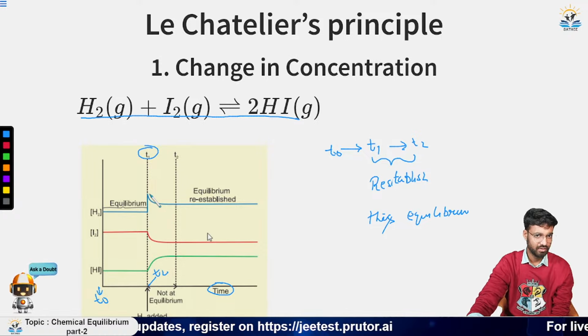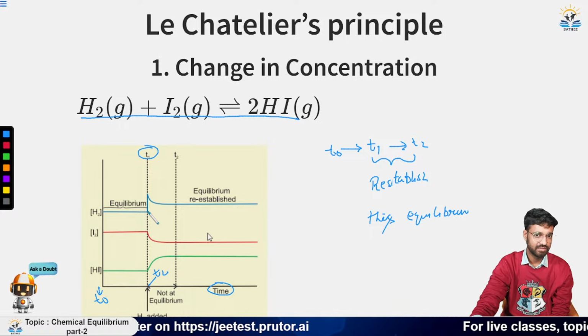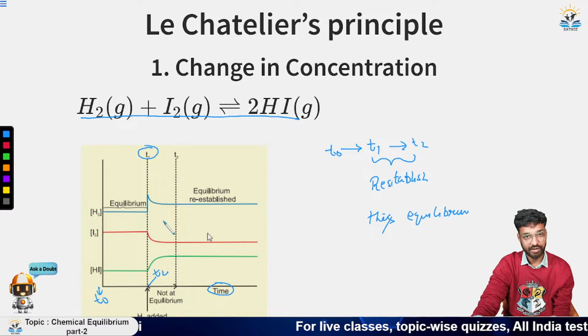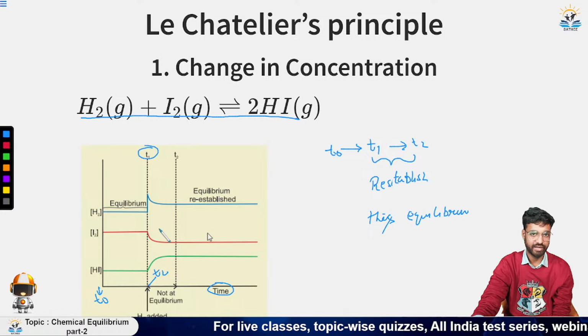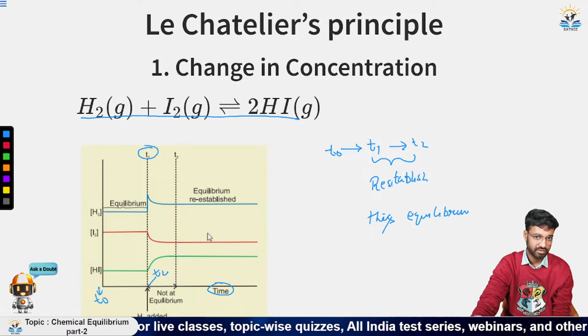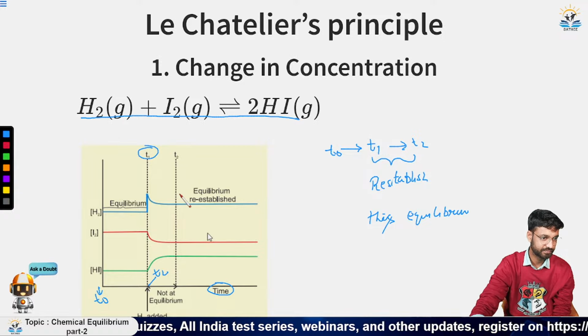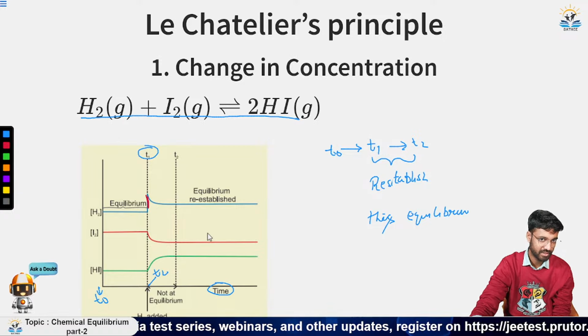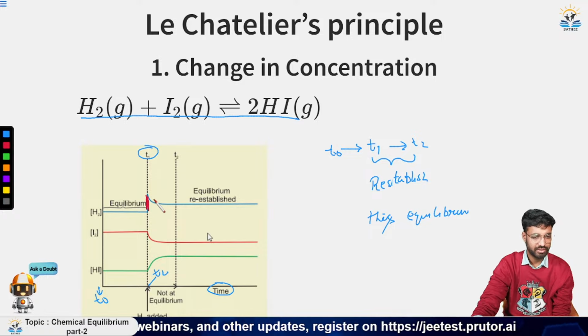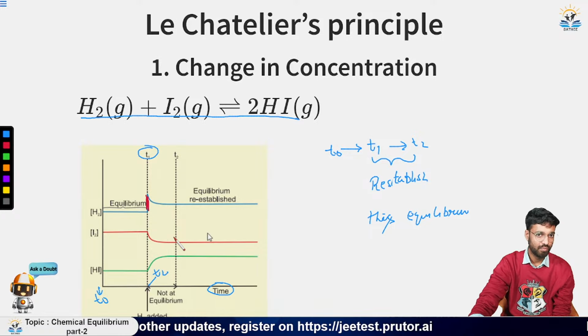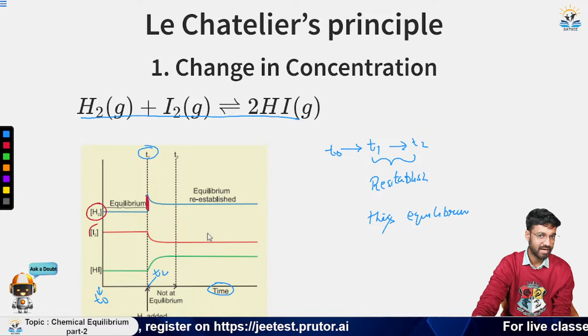Now since we have added reactant, the reactant has to get reduced so that the ratio is maintained and the product has to increase. So this is the added reactant here. Let us denote it with a different pen. Now to maintain equilibrium, both of the reactants, that is H2 and I2, get reduced.